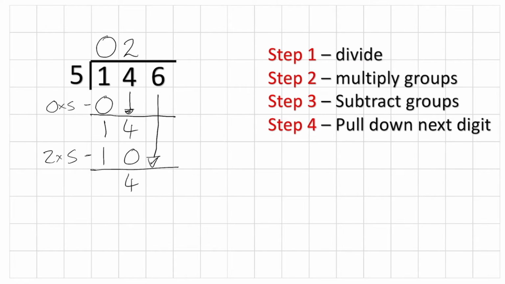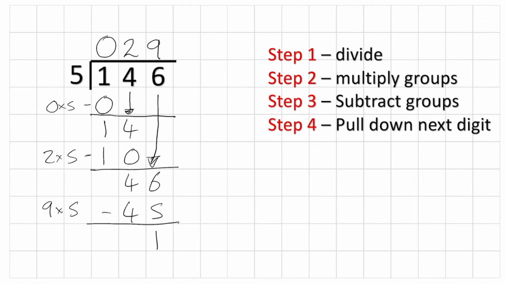Bring down my 6. How many 5s are there in 46? Again, we're going to use our times table knowledge. 5 times 9 is 45, so there's 9 lots. But then when I do my 9 times 5, I see that I have 45. And when I subtract that, I'm left with 1. And if we remember, there are no groups of 5 in 1.